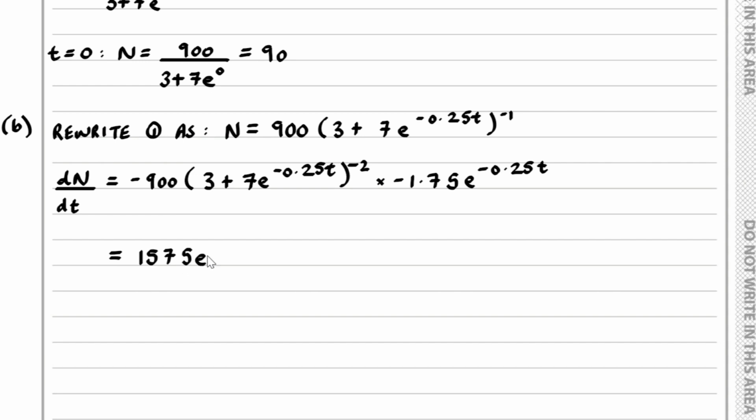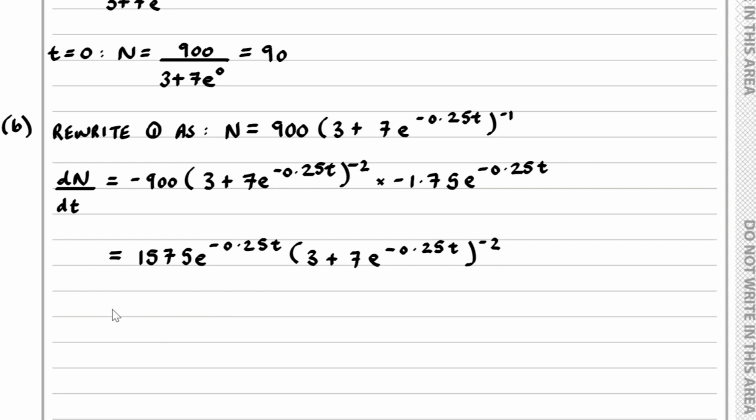A minus 900 times minus 1.75, that's equal to positive 1575, and then I've got the e to the minus 0.25t, and I multiply this by (3 plus 7e to the minus 0.25t) to the power of minus 2.